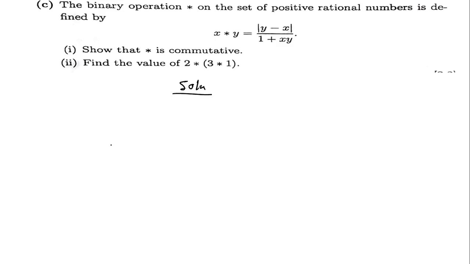So here we have been asked to show that the binary operation is commutative. So I'm going to put my number 1 there. x star y is equal to the modulus of y minus x over 1 plus xy.